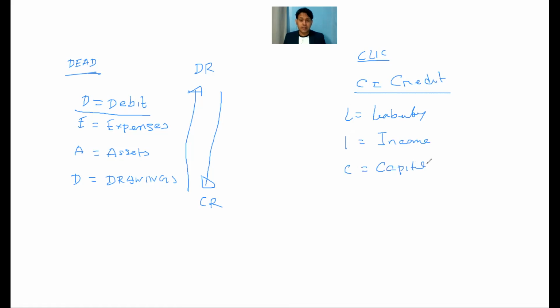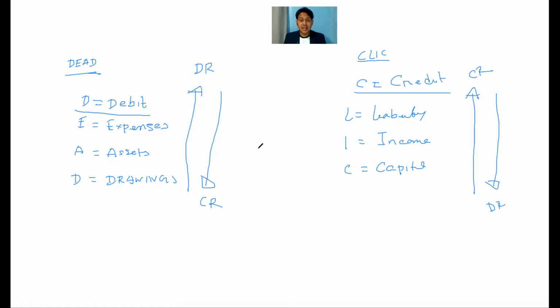And this is the opposite of the DEAD. So if CLIC increases, then all are credit. If CLIC decreases, then all are debit. That means if my liability goes up, if my income goes up, if my capital goes up, that time it is a credit. But if it is going down, that is our debit.